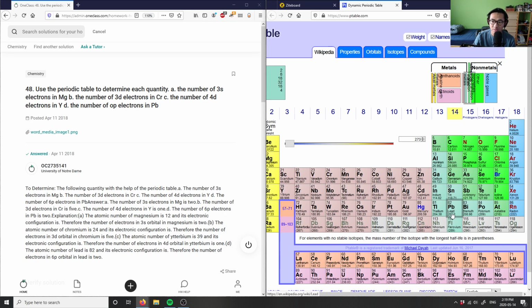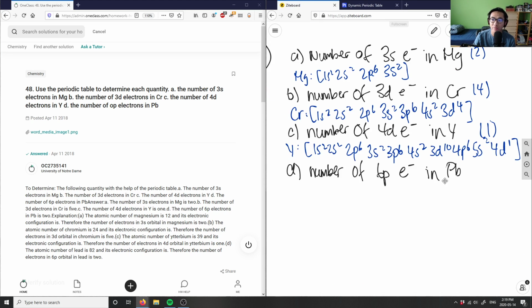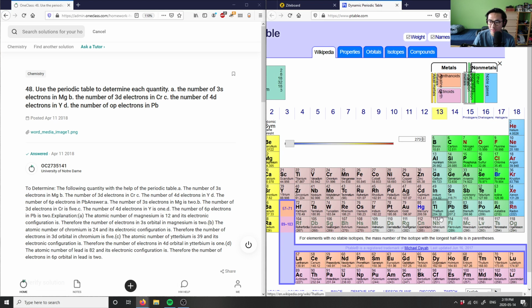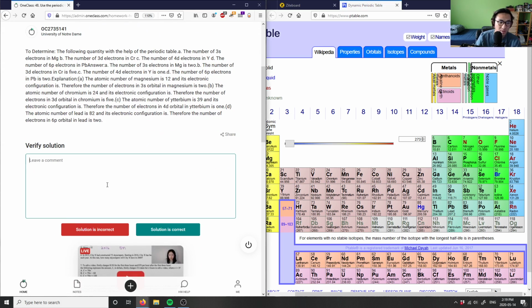So 6p1, this here is 6p2, so therefore I have 2 6p electrons, right? Pb here is basically everything, and then it will have 6p2, which means I have 2 electrons in 6p, right? Thallium is 6p1, lead would be 6p2 here. So this solution here is correct, is partly correct.